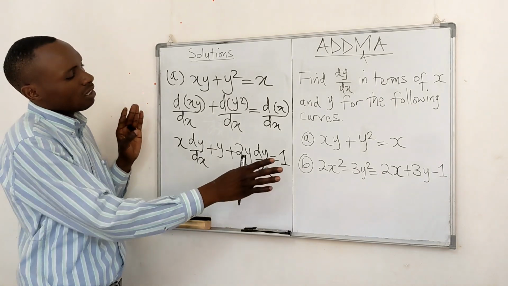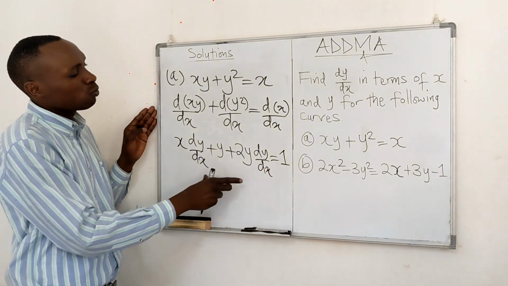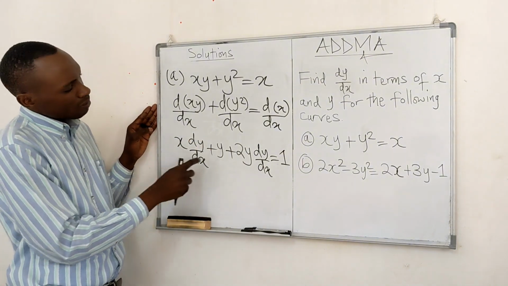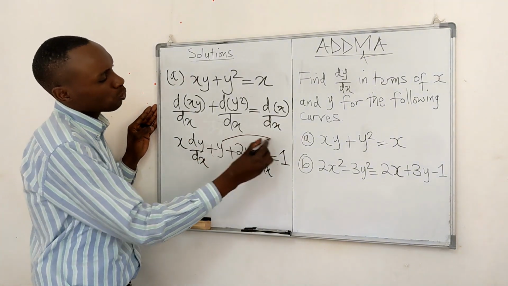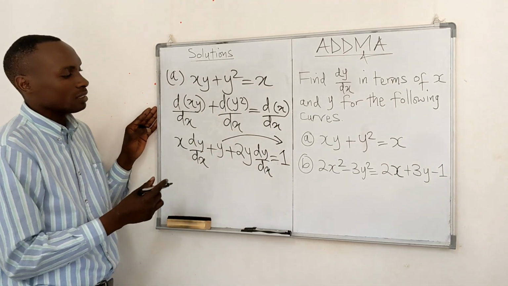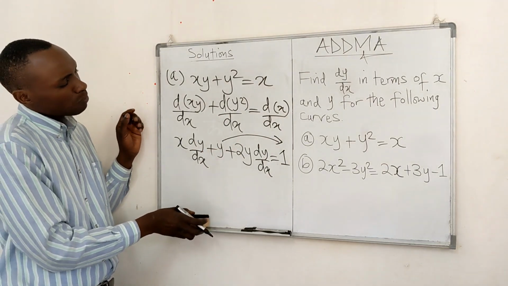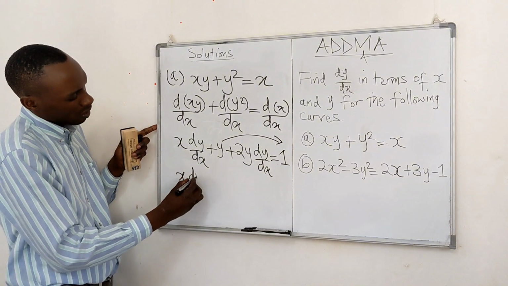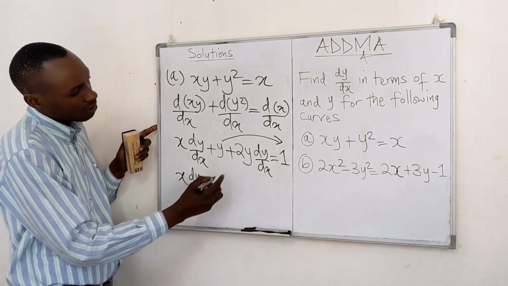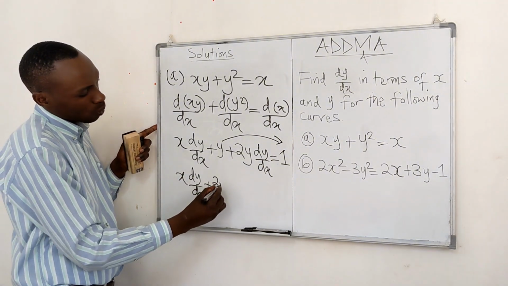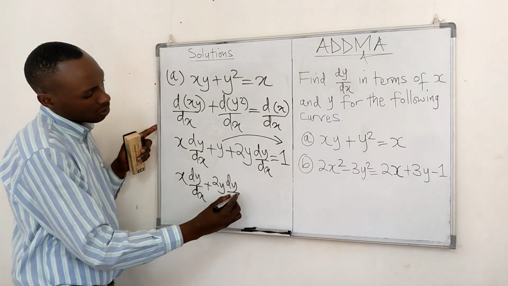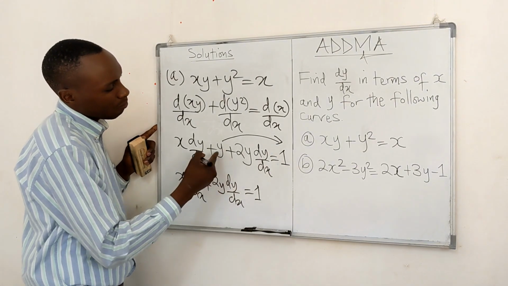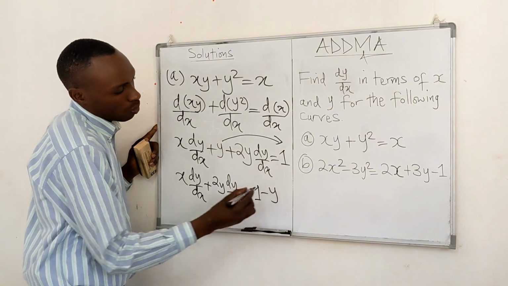Now, when we get this form, we just have to collect all the terms with dy/dx, and take the other term to the right side. So collecting all the terms with dy/dx, we have x dy/dx plus 2y dy/dx, all equal to 1 minus y.